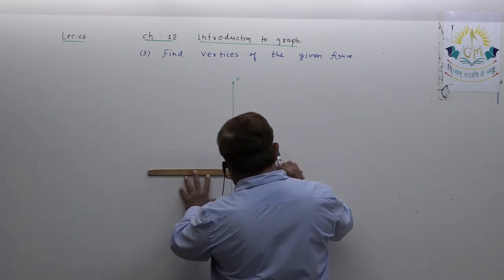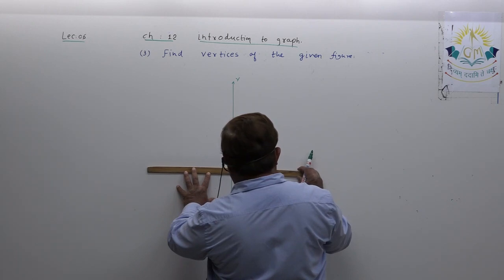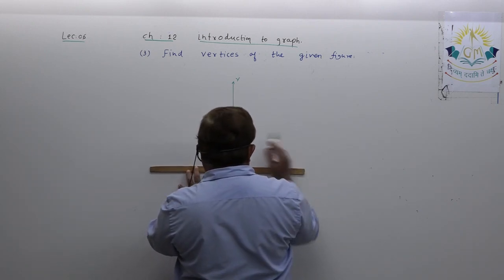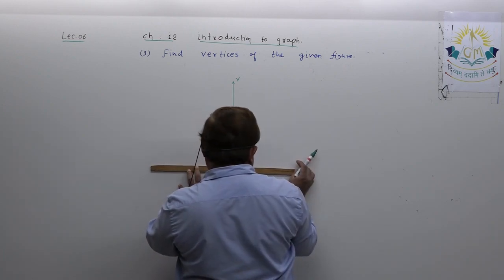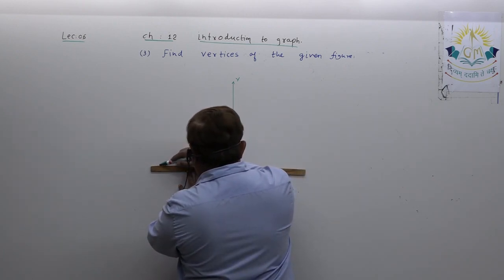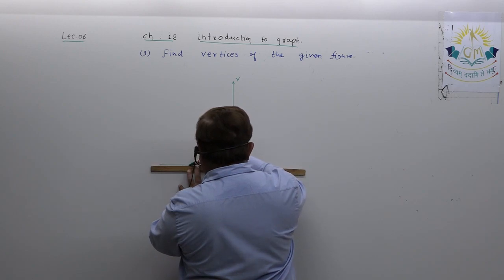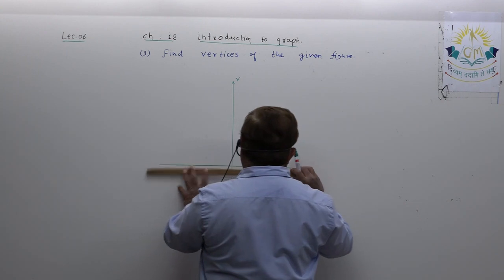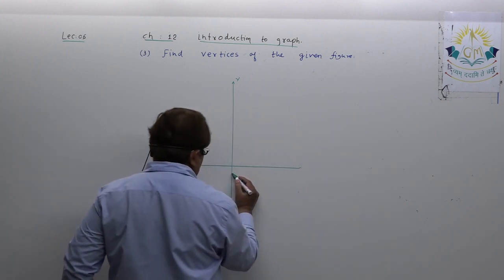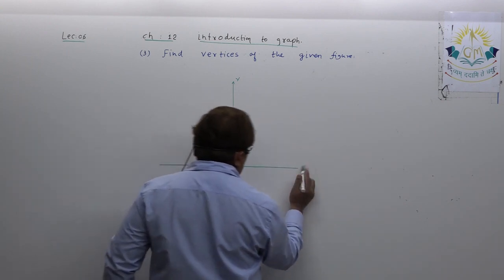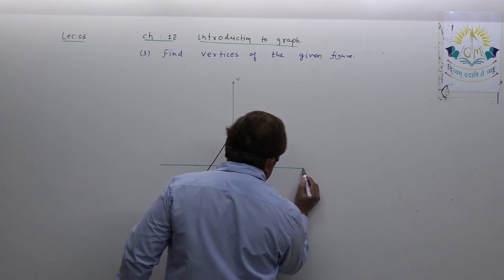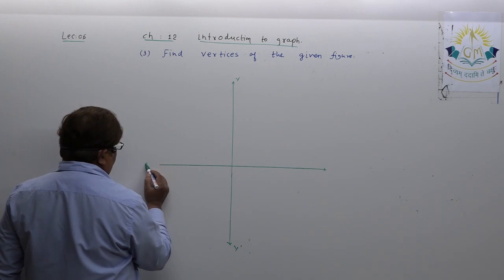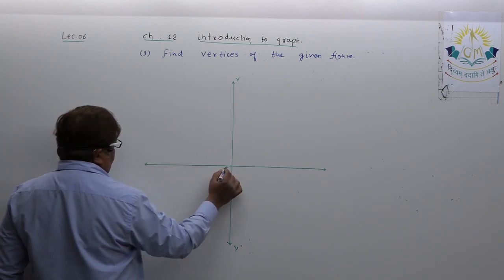Here the diagram will be given on the graph paper and you have to guess its vertices. This is also important. Okay. And then x axis. Origin.